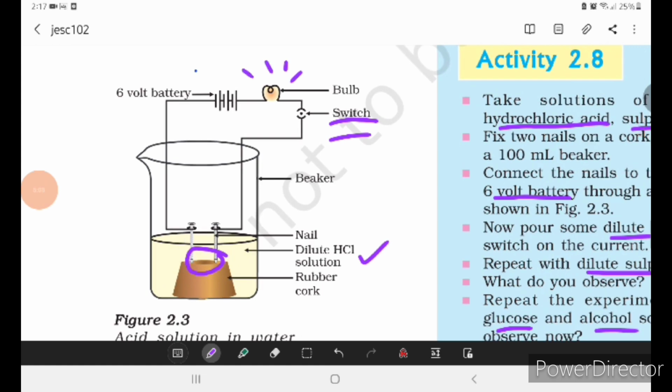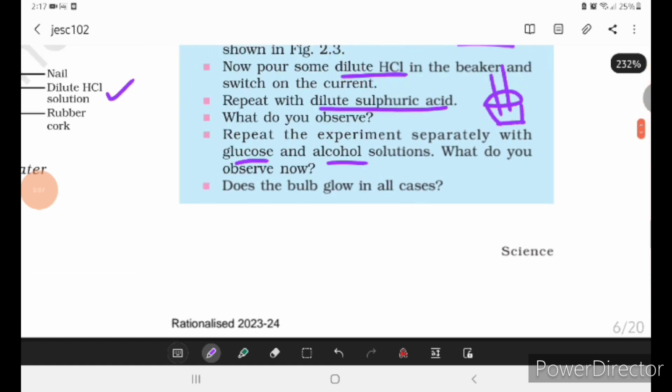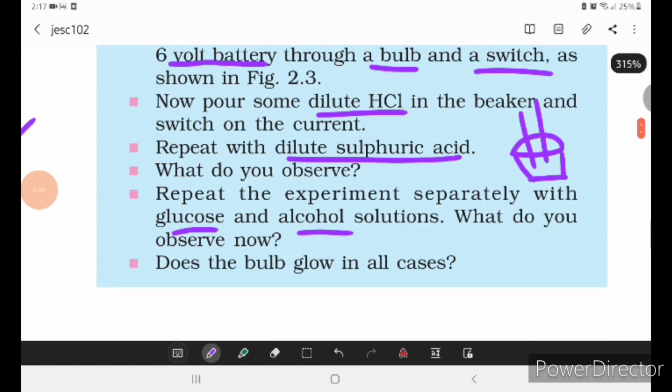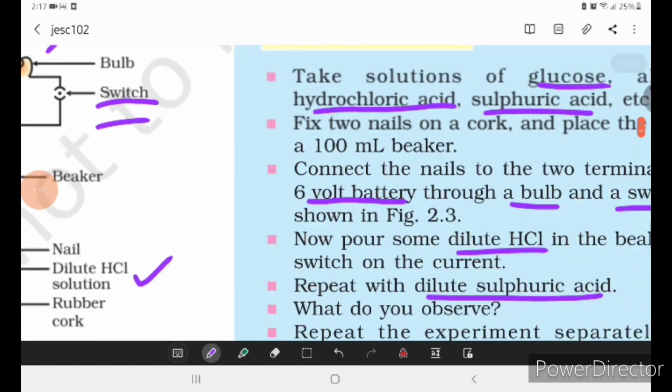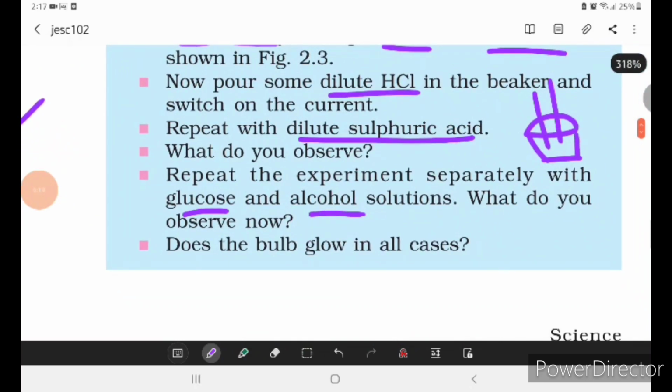What happens to the bulb? The bulb glows. That's what was asked here. What do you observe when we add dilute hydrochloric acid to it? You could observe that the bulb glows. Repeat the experiment separately with glucose and alcohol solutions. What do you observe now?